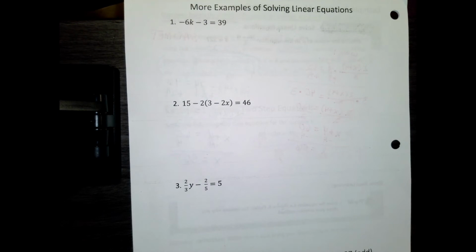It gives us 15 minus 2 times (3 minus 2x) in parentheses equals 46. There is a lot going on there in order to solve. So I want to know, well, what do we do? Well, first step is to rewrite the equation.